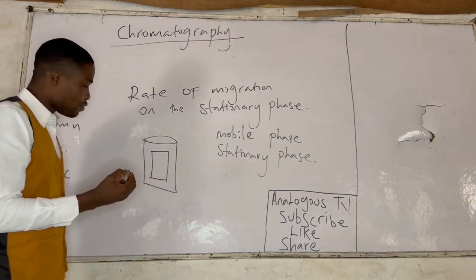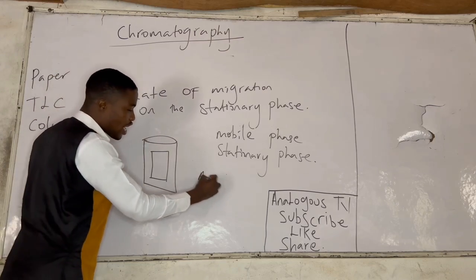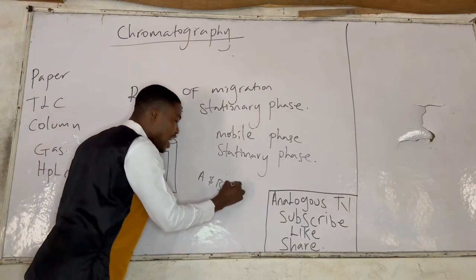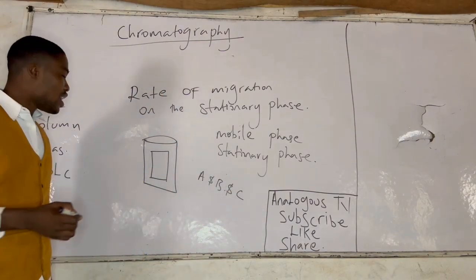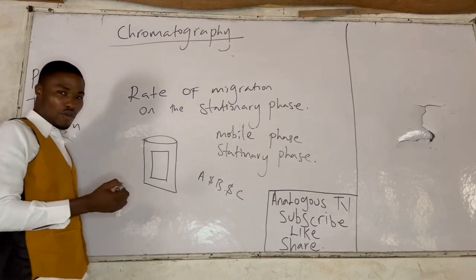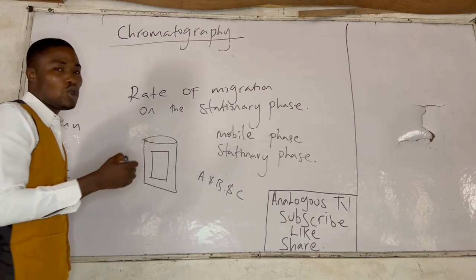Let me quickly explain. For instance, I want to separate a mixture of A and B, two compounds, or A, B, and C. How do you do this with chromatography? First of all, we have an organic solvent, which is usually called the eluent.